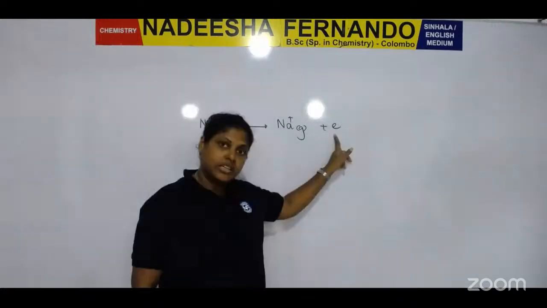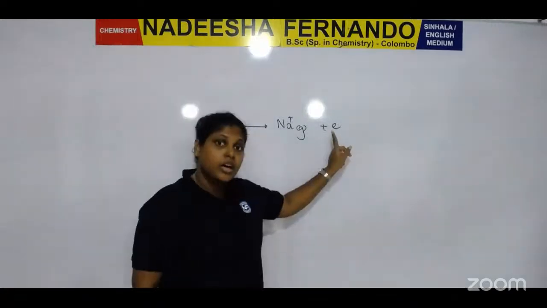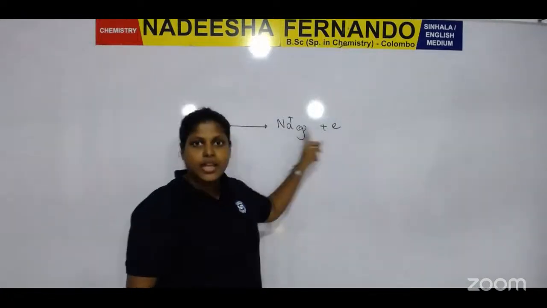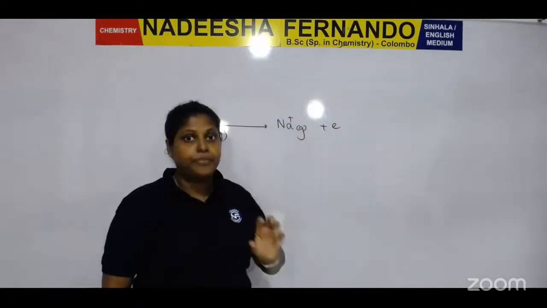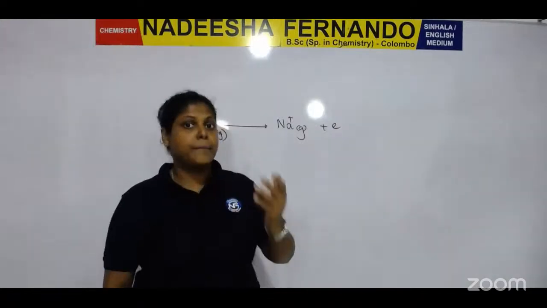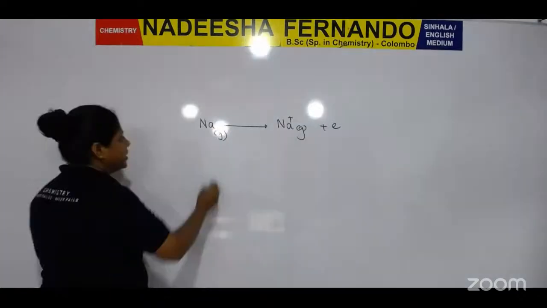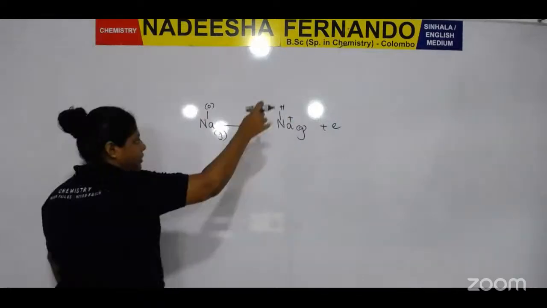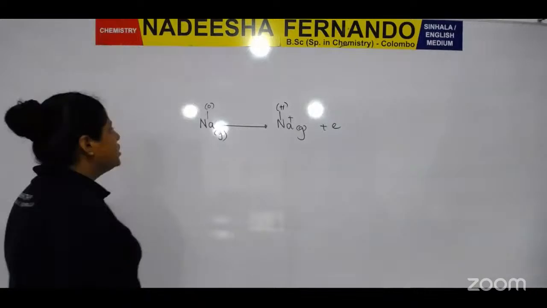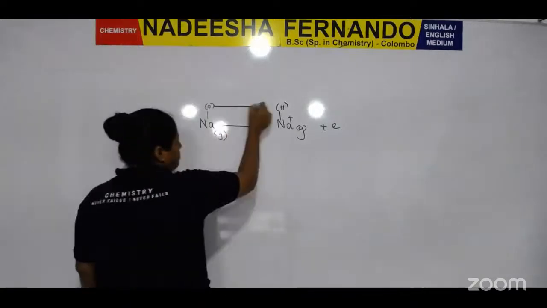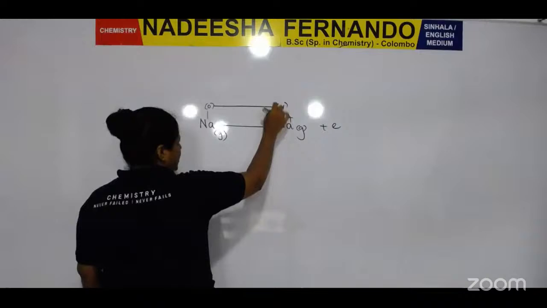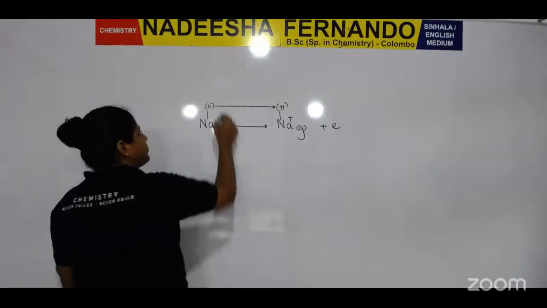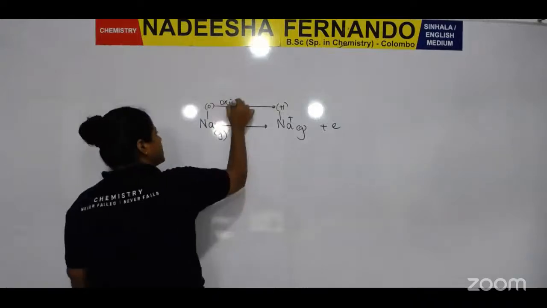Here the charge is 0, and here the charge is +1. I explained that last week. So 0 to +1 is an increase in positivity, that is oxidation.